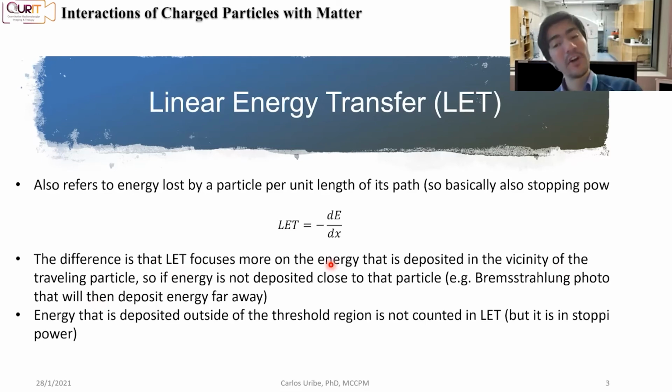However, if you look at stopping power, that Bremsstrahlung contribution is going to be accounted for. So the energy that is deposited outside of that threshold region is not counted in the LET, but it is in the stopping power. I hope that's a bit clear. Think about this at home. If you have questions, talk to us, and we will clarify it. Again, stopping power basically includes all the energy deposited. For linear energy transfer, we want to look very locally at the vicinity of where the particle is traveling. How much energy is deposited?